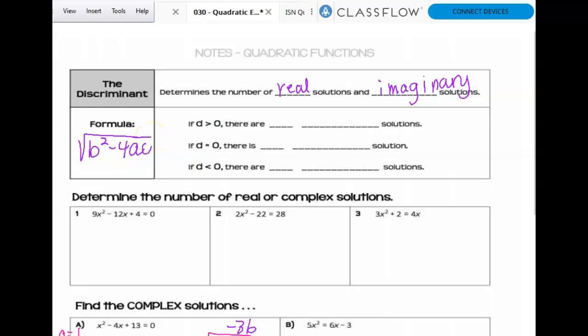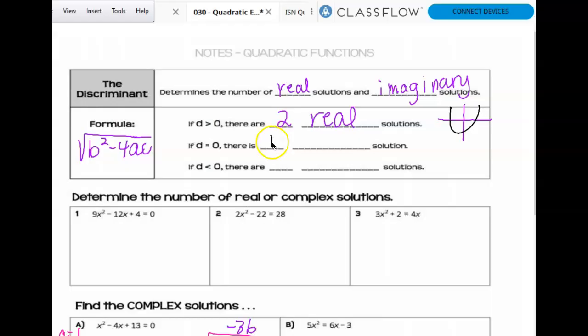So if the discriminant is greater than 0, we get 2 real solutions. And 2 real solutions tells me that the quadratic is going to touch in 2 places.